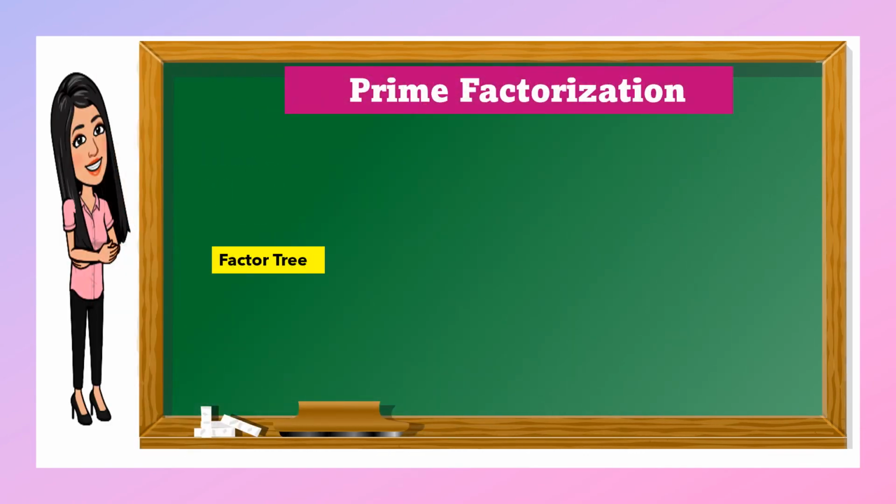In the previous lesson, you have learned the difference between composite and prime numbers, factors, and multiples. So this time, you will learn the prime factorization, which can help you for your future lesson about GCF and LCM. So what is prime factorization?